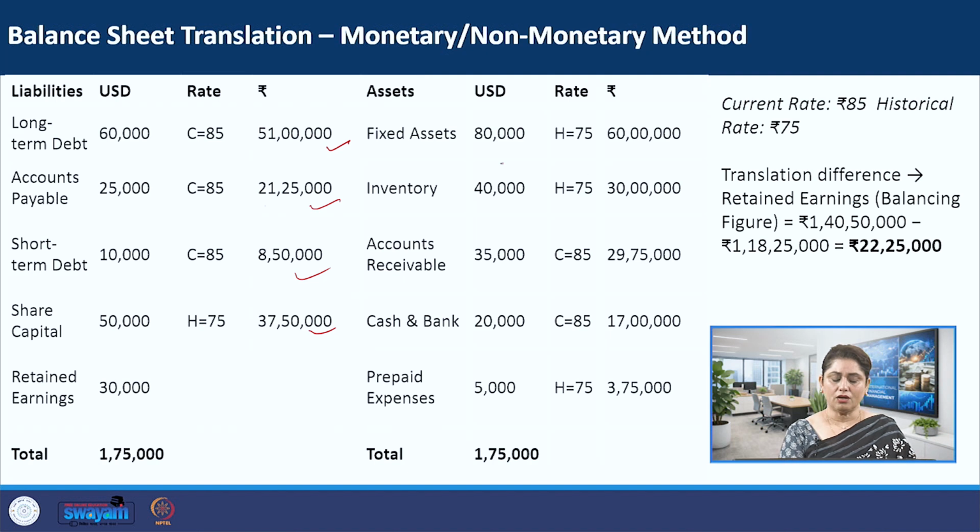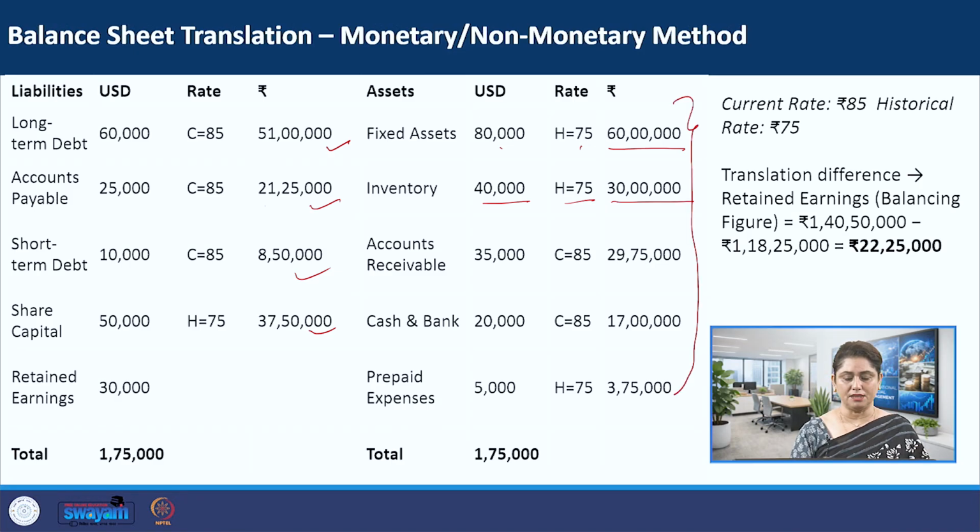Now, we will talk about the fixed assets. We multiplied 80,000 by 75, we got 60 lakh. 40,000 by 75, we got 30 lakh, and so on. After multiplying all the balance sheet items with the respective rate, we get these figures in rupee terms, and we will now calculate the total of it.